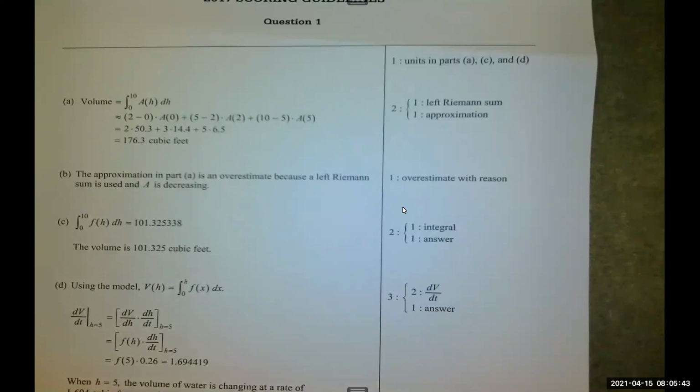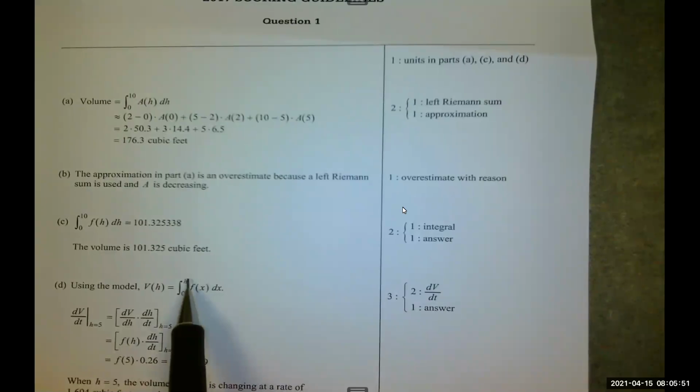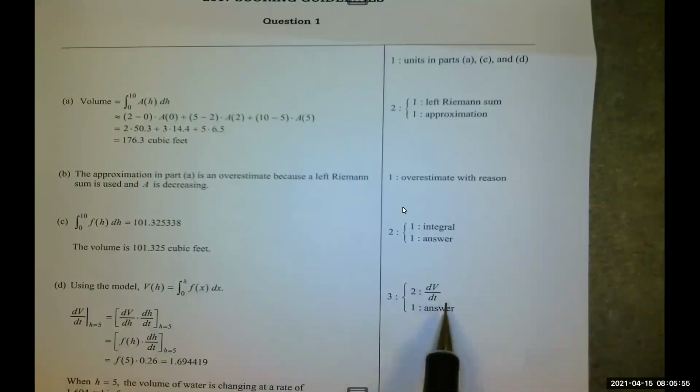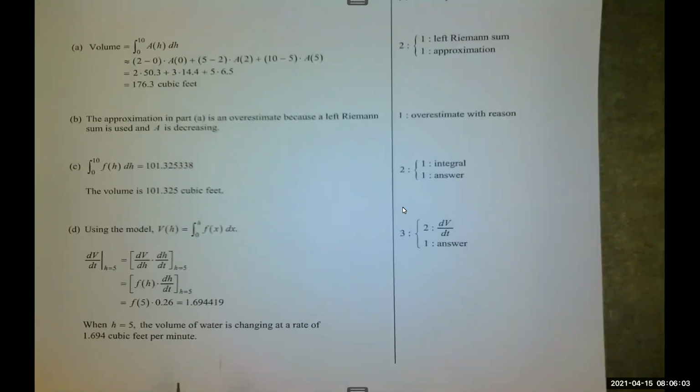Regardless, when you take the derivative of an integral, you get the function, but you always have to remember to multiply by the derivative of the inside part. A lot of students got no points because they didn't use the chain rule correctly. Pretty much you got 3 points here if you used the chain rule, because this arithmetic is not that sweaty since you'd have a calculator. This text here is unnecessary. It doesn't ask for an interpretation, it just asks for the value. So doing this with cubic feet to 3 decimal places is fine.